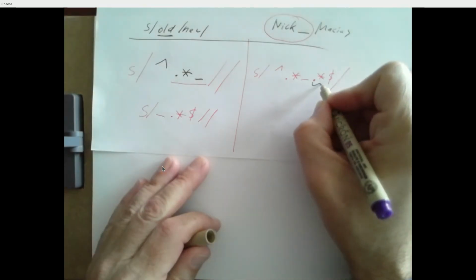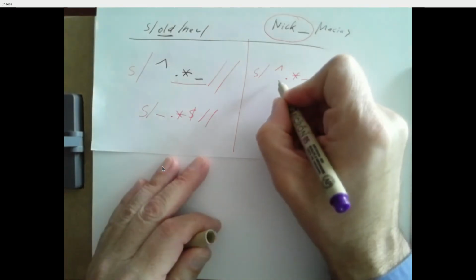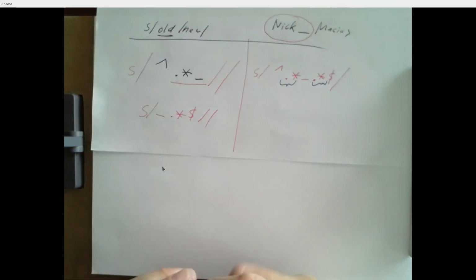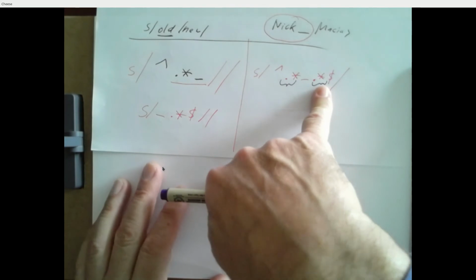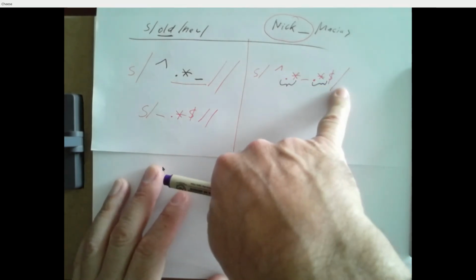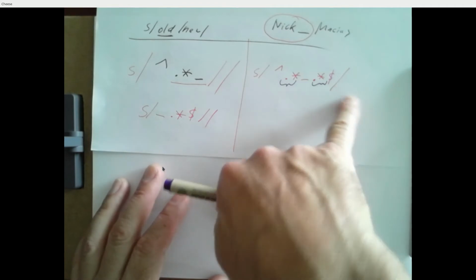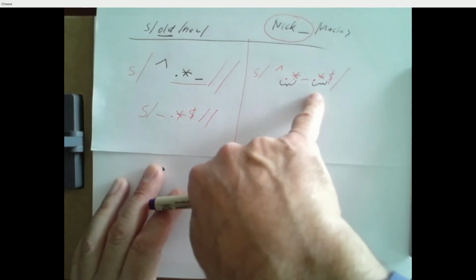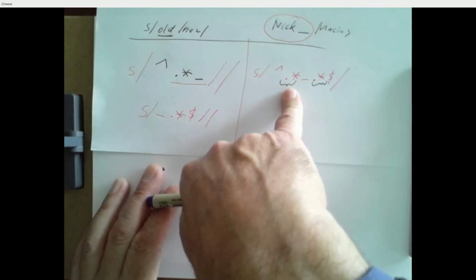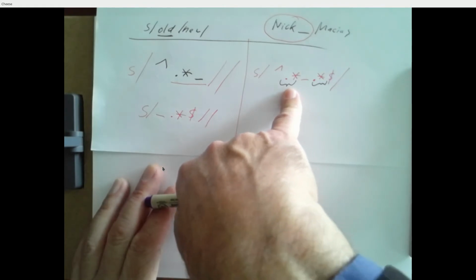And what I'd like to replace that with is this stuff followed by this stuff. I'd like to take whatever matched after the space and put that as my output string, followed by, let's say, a comma, followed by whatever matched this part of the expression. So that Nick Macias becomes Macias, comma, Nick.